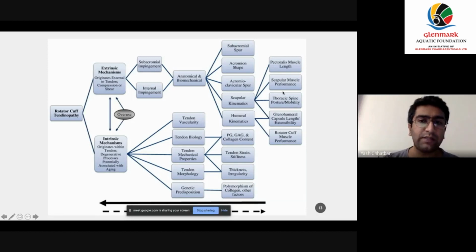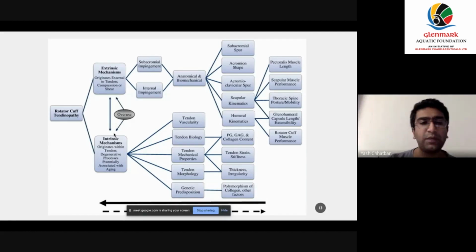So over here, if you see this flow chart, rotator cuff tendinopathy. Basically, if there is any issue with the rotator cuff tendon, what are the causes? It could be extrinsic, something happening from the external aspect, outside, and intrinsic, something happening from within, from my own body. Extrinsic originates like compression, shear force, even your training volume can be considered an extrinsic factor.